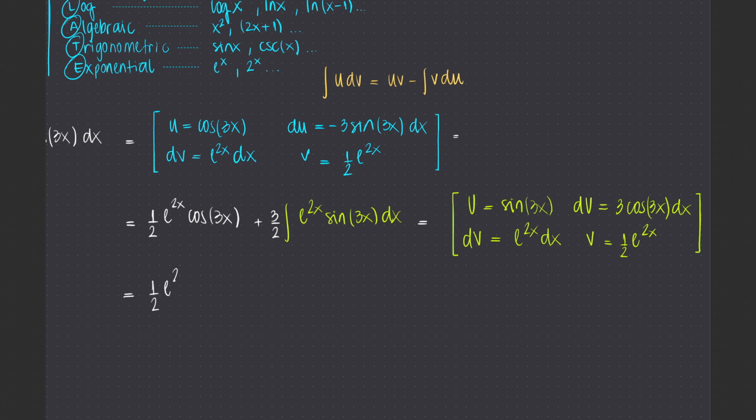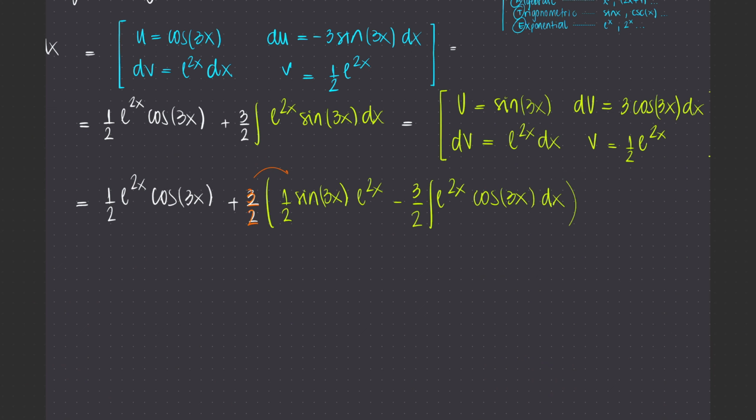So for that integral in green, we have u times v, sine of 3x times half e to the 2x, minus the integral of v, we can move the half outside, times du, and we can move the 3 outside as well. And do notice that this 3 over 2 is multiplying everything that's inside the green set of parentheses.